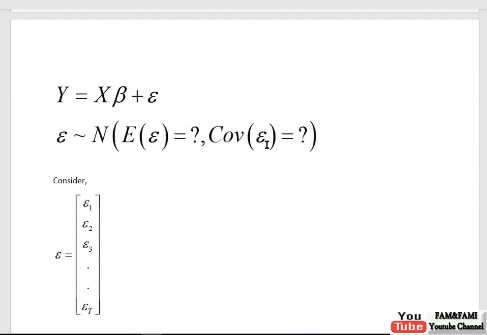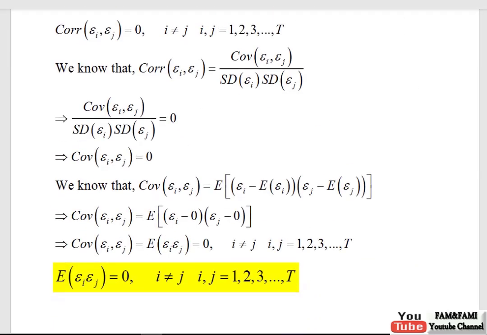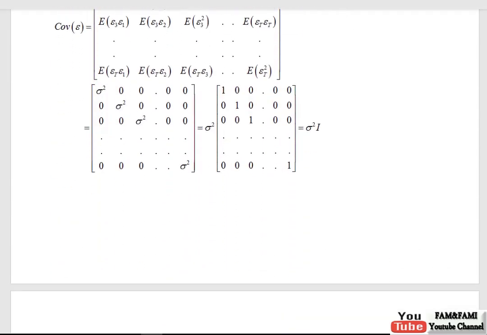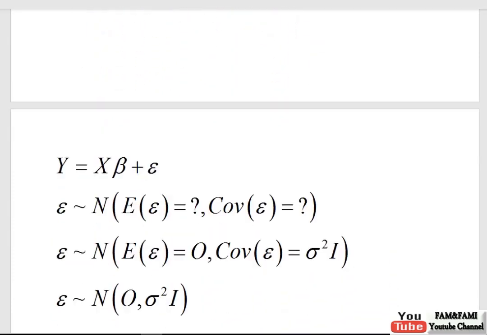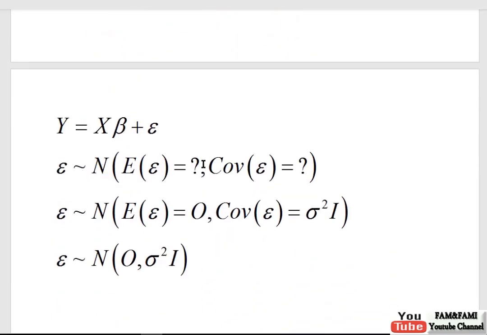Once you replace these two question marks, we will get the full matrix notation. I did that here on the next page. This question mark is now replaced with this big O, and the second question mark, which is covariance of epsilon, is replaced with sigma square identity.